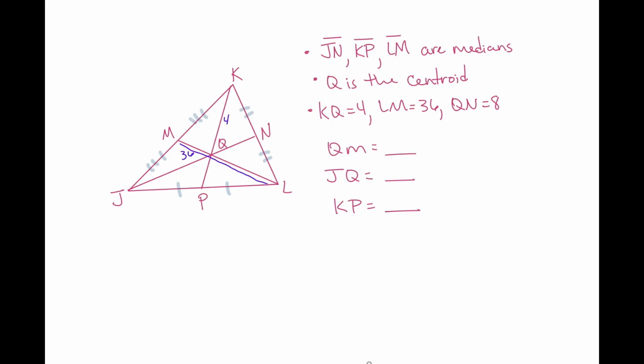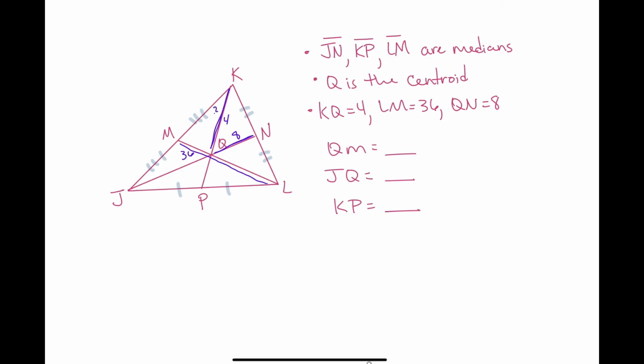And then QN, this part, is 8. So this part right here is 4. It wants us to find QM. If we remember from our centroid, the line that starts at the vertex and goes to the centroid is 2/3.